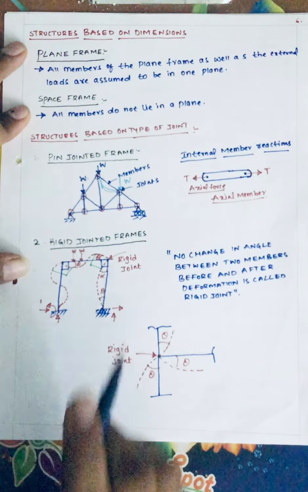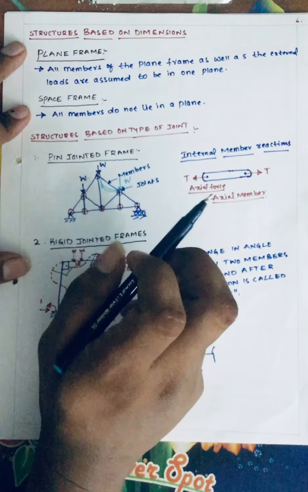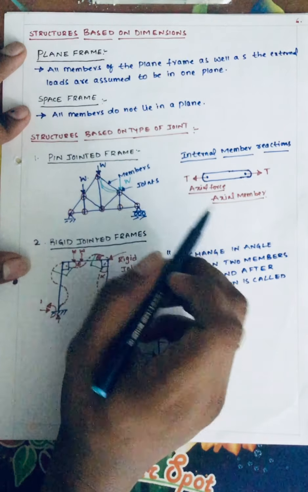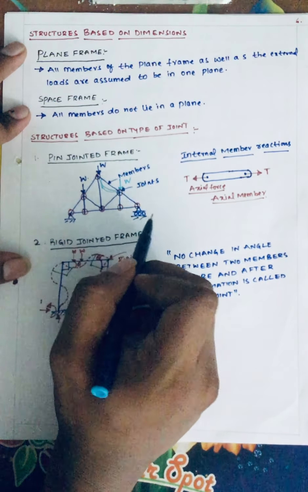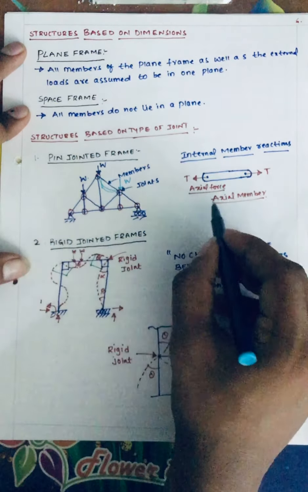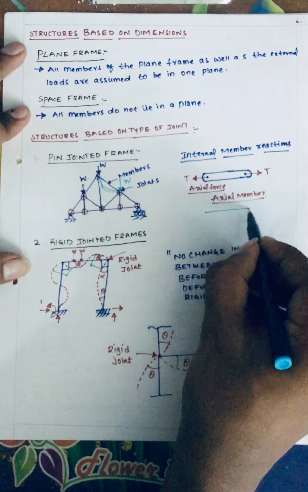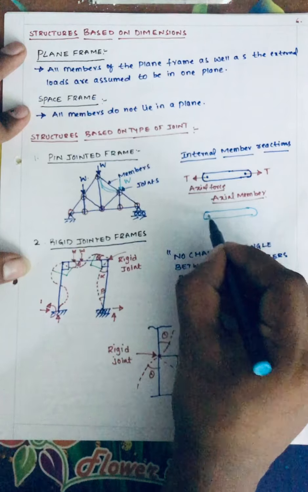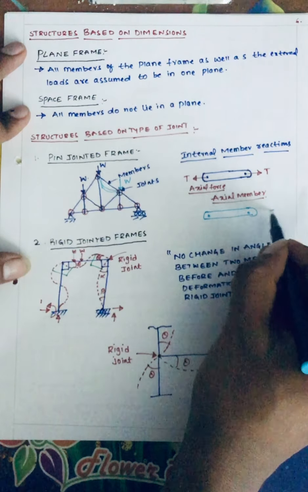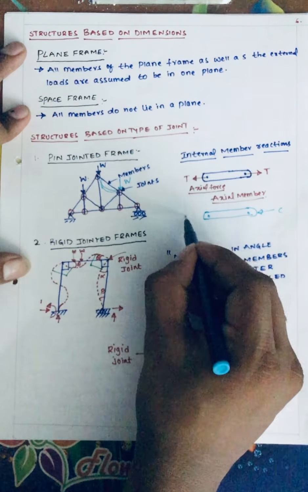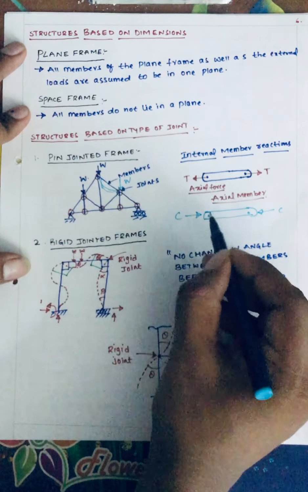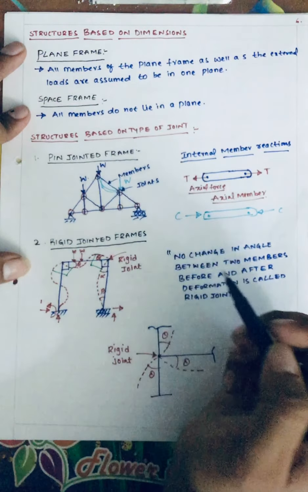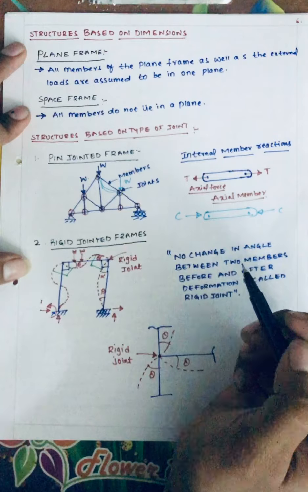The main aim of applying loads only on joints is to avoid bending. So when we avoid bending, the forces in the truss members are known as axial forces. Axial forces may be either tension or compression. The force moving towards the joint, I am considering as compression. The force moving away from the joint, I am considering as tension.